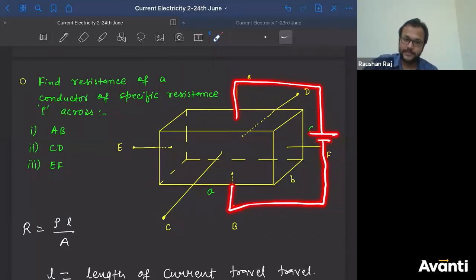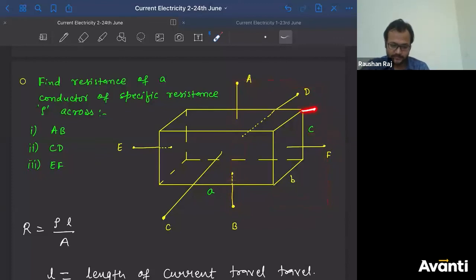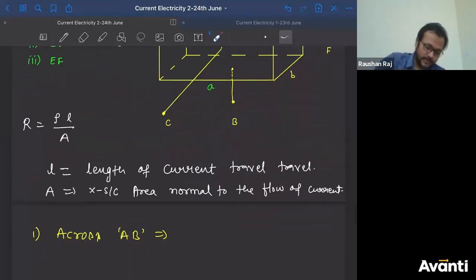So what will be the resistance across AB? Tell me, what will be the length of current flow here? Current will flow in this direction, so this will be the length of current flow. What is that length? C. है ना?